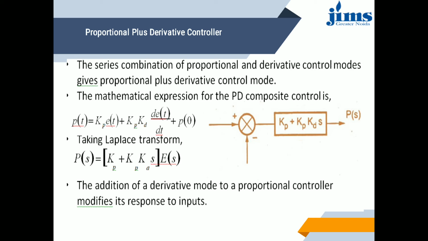In this case, p(t) is given as Kp e(t) plus Kp Td de(t)/dt plus p0. That means P(s) = Kp (1 + Td s) E(s), where Td is the derivative time.